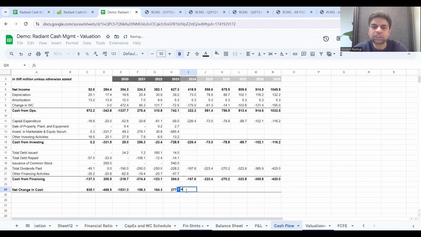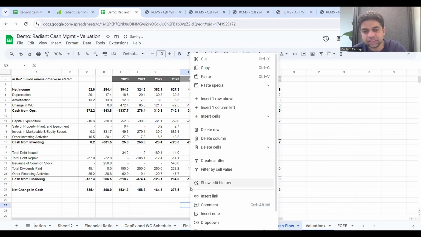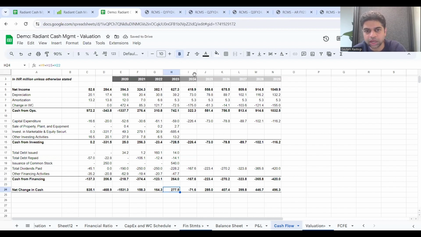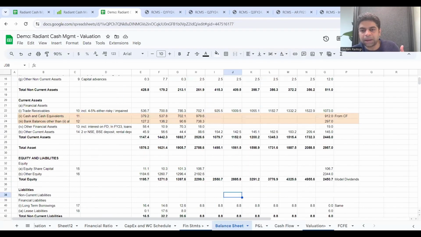So my net change in cash is my cash flow from operations plus cash flow from investing plus cash flow from financing. Again, you see it's negative in FY24 for the reasons that we've already discussed. Now this is done. Let's link it to the balance sheet.